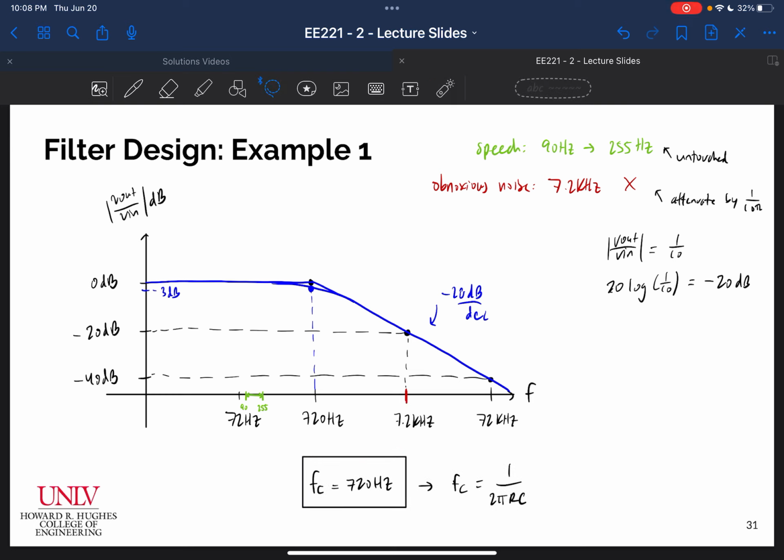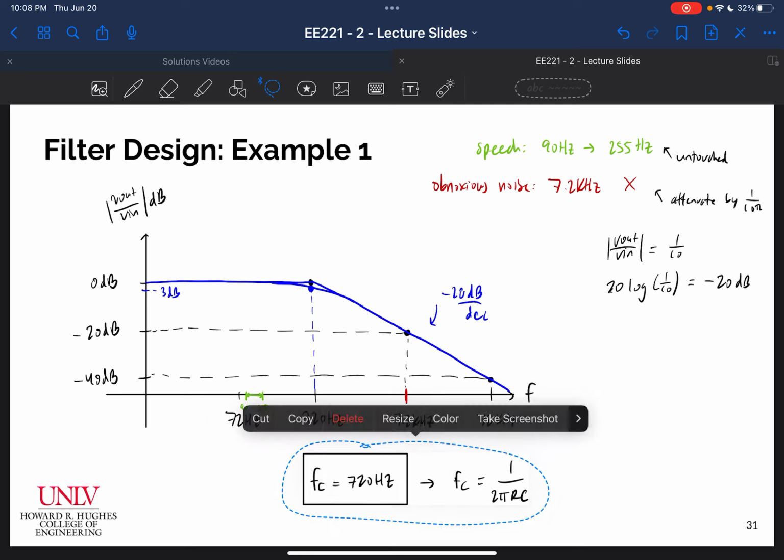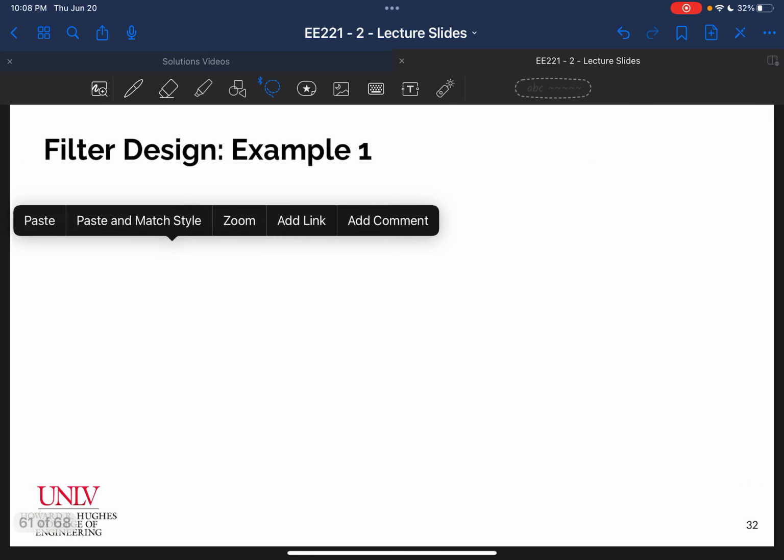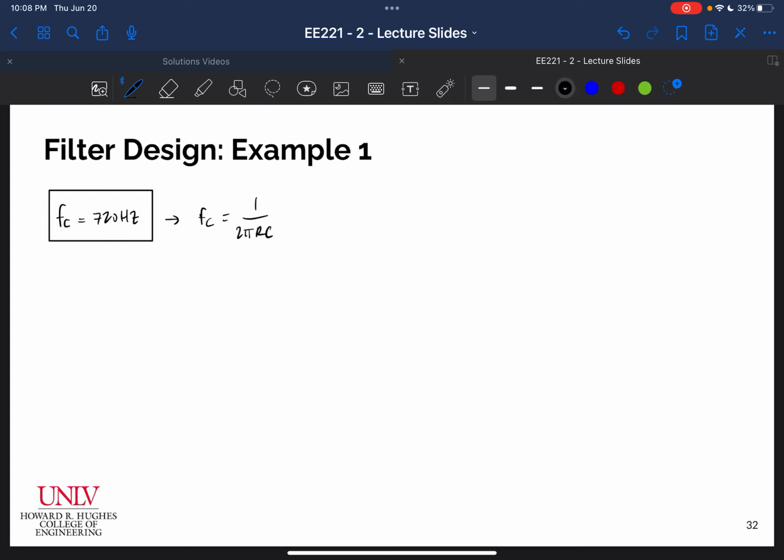Okay, so let's go ahead and do that real quick. Let's go over to the next page. Okay, so we're going to say 720 hertz is equal to 1 over 2 pi RC.